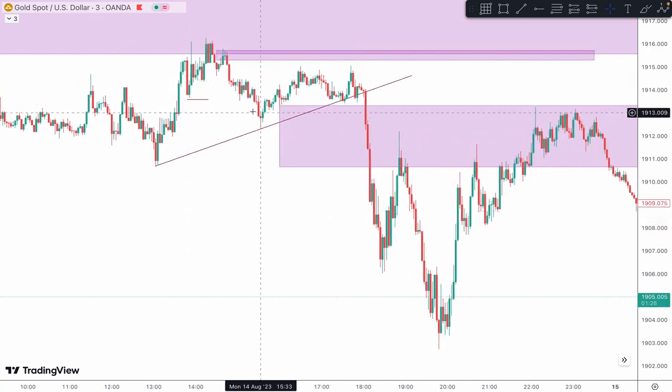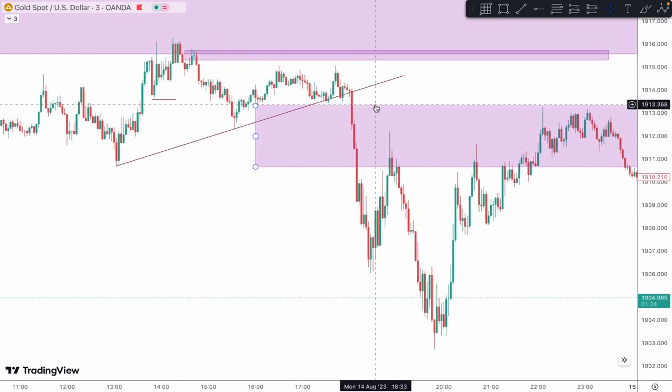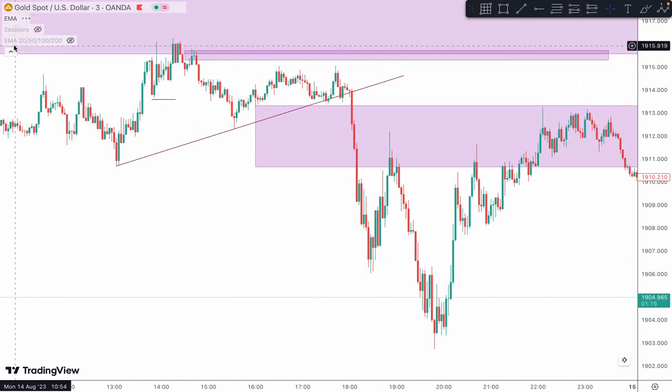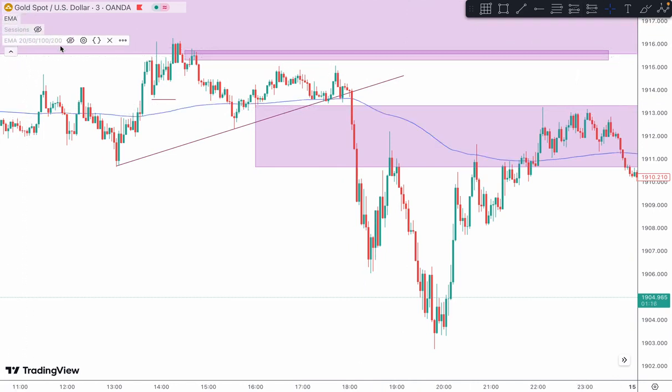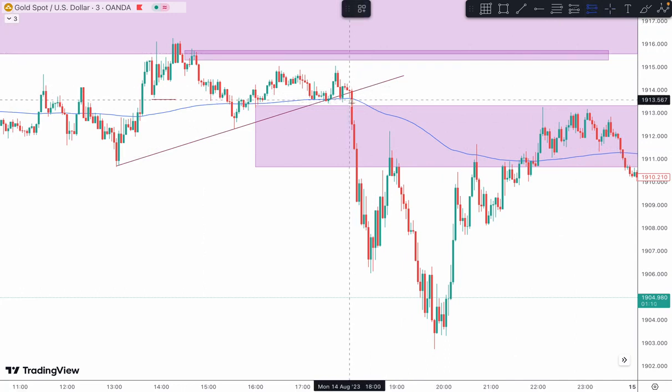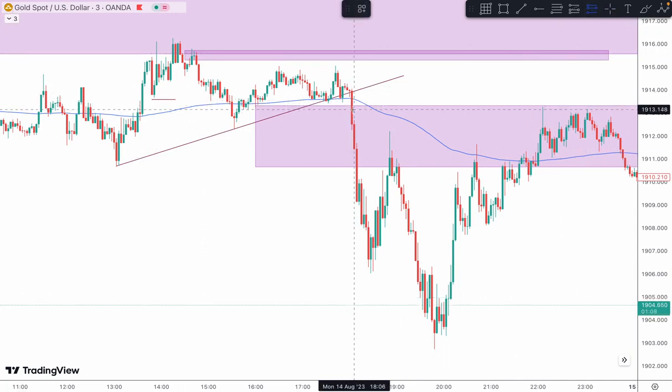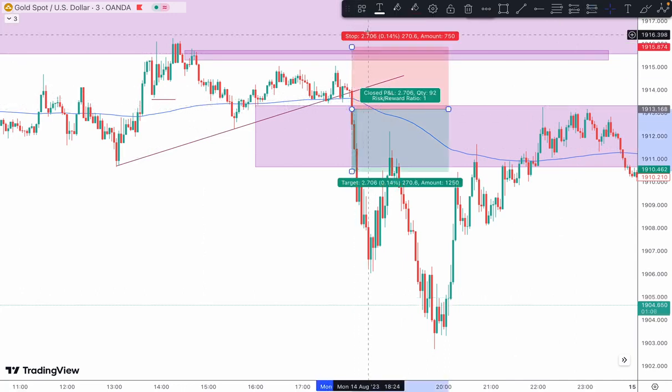So since market did not come to the zone, what would you do? Here's where you will use EMA. Look, the 200 EMA. The moment market closes below the 200 EMA, you place your trade.